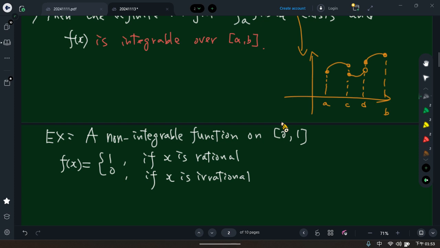So from 0 to 1, how many irrational numbers? How many rational numbers? Infinite, right?